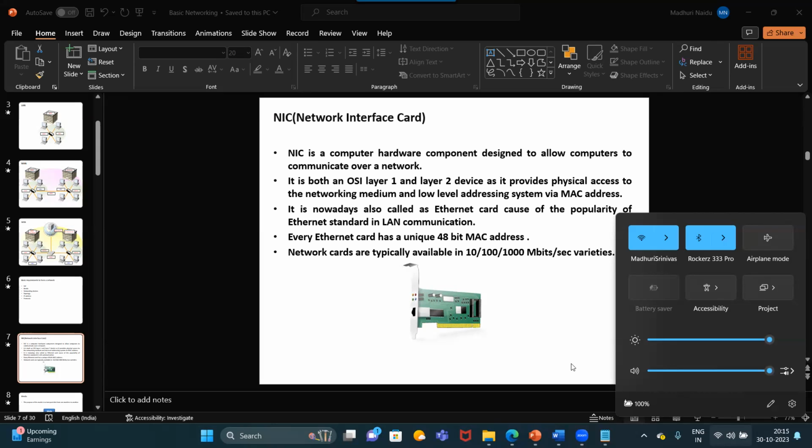I will give you one sample example, after this you'll understand how many MAC addresses you will get for one company. Yes, that is my question: how many MAC addresses can a company provide using the 6 digits? That I will explain.